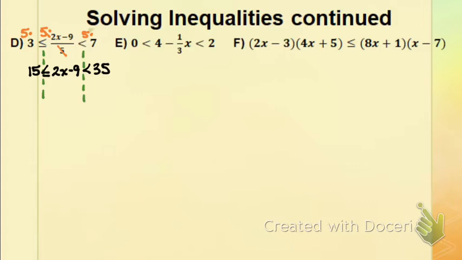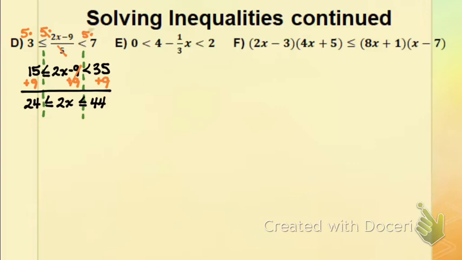And what seems like a good idea next? Add 9 to all the sides. 15 plus 9 gives me 24, less than or equal to 2x, less than or equal to 35 plus 9 is 44.